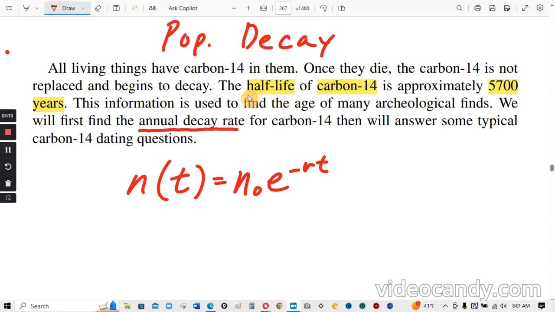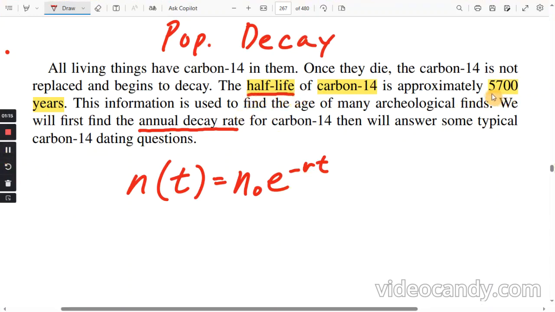All right, so the half-life is 5,700 years. That means you have half of it left after 5,700 years. All right, half-life is half of the original. So N sub 0 is the original. That means N of t is going to equal half of the original. Okay, and that equals N sub 0 times e to the negative r, and t is 5,700 years.